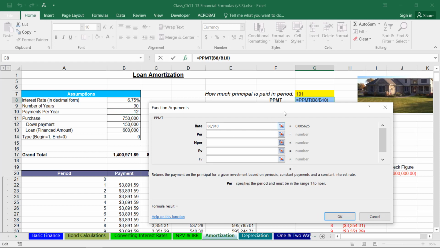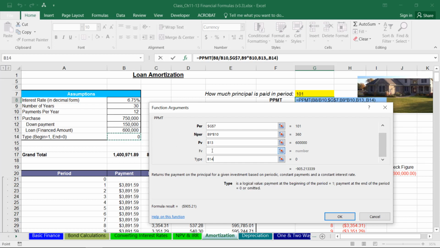The period we're interested in is G7 up here. Let's make that absolute if you're going to copy that anywhere else. The number of periods is 30 times 12, and the present value is 600,000. The future value is blank. Now don't forget to finish off looking down here, and the type is B14.